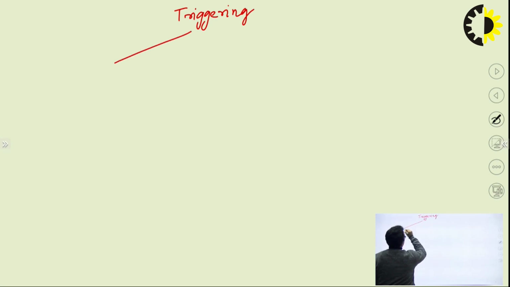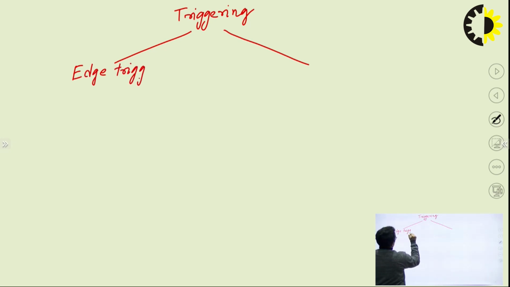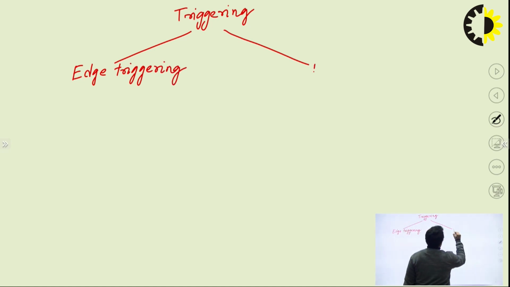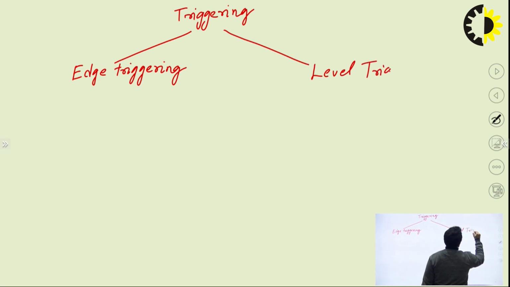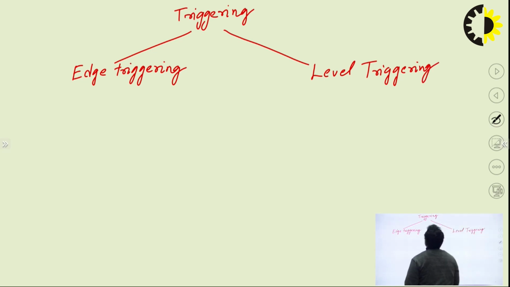Triggering is basically of two types: edge triggering and level triggering. So these are the two possible triggerings.